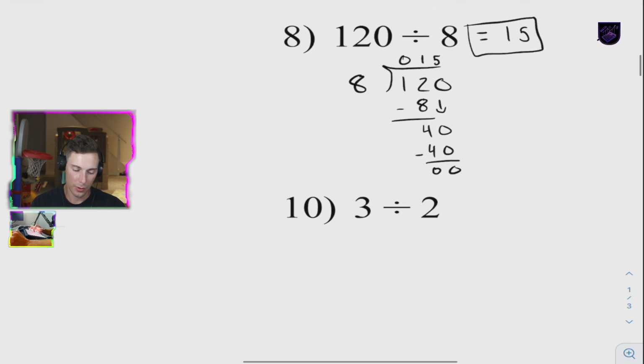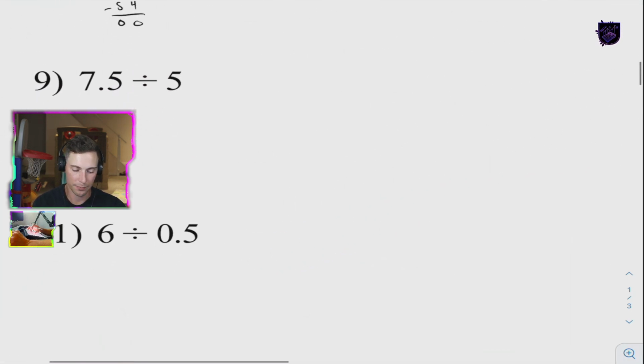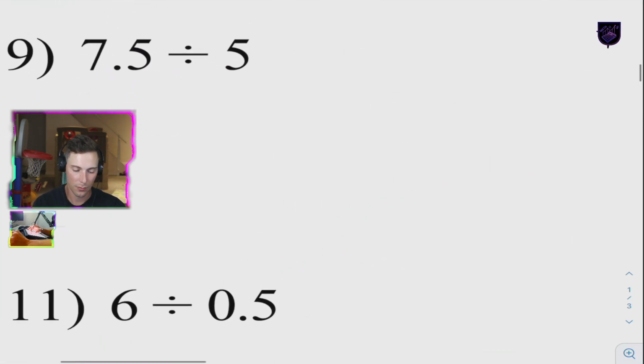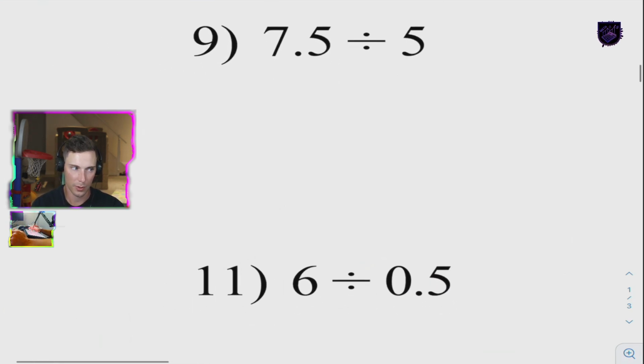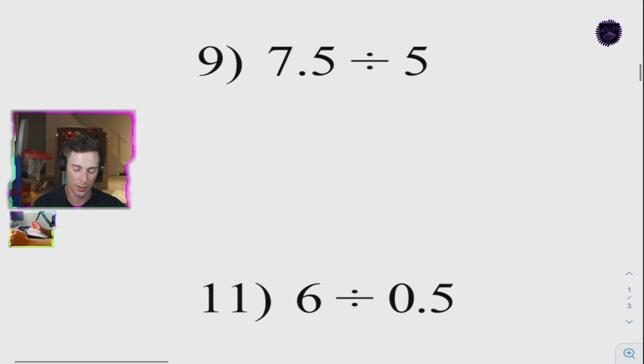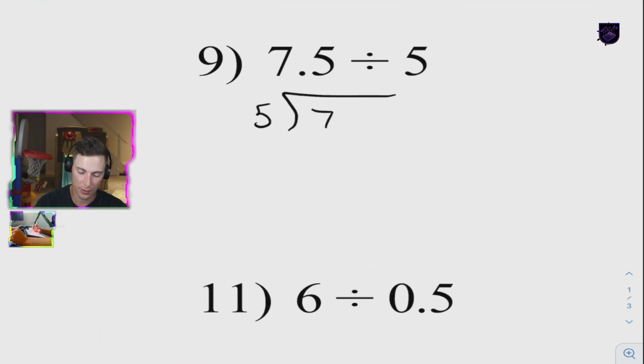Let's go to question number 9. Question number 9 is now getting into some decimal questions. So 7.5 divided by 5. Okay. So let's go 5, 7.5.